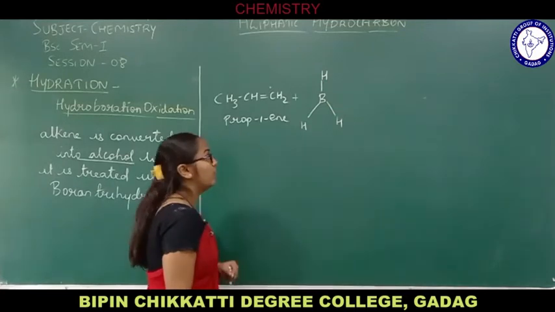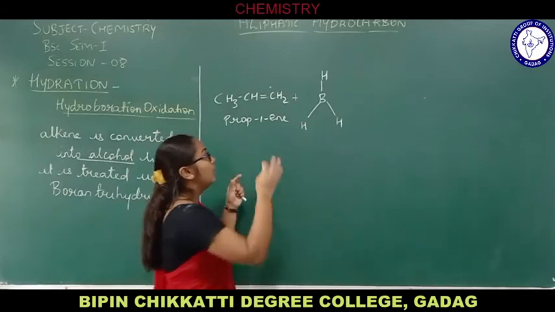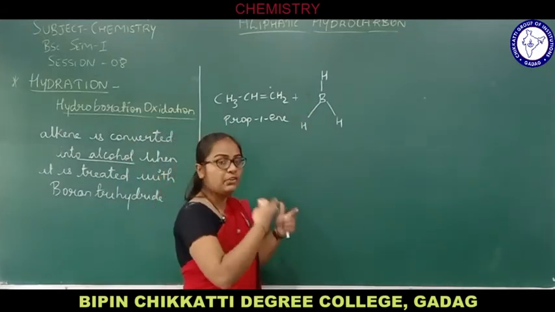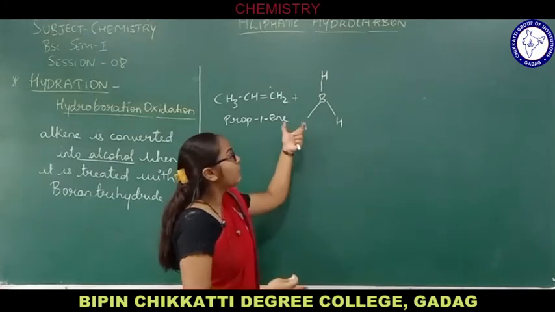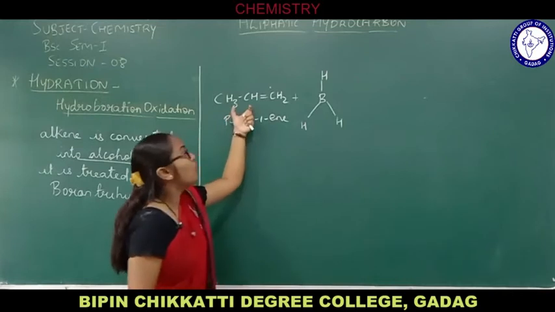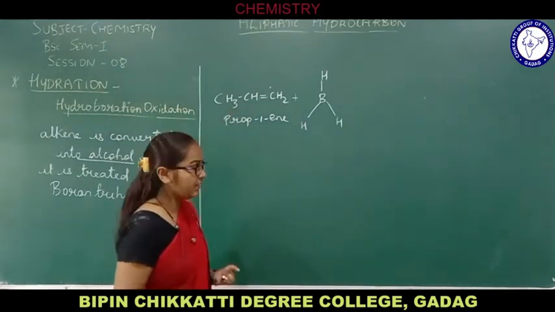Here the reaction will take place in such a way that whatever negative group is obtained will go and get attached to the positive atom of the alkene. I repeat once again.